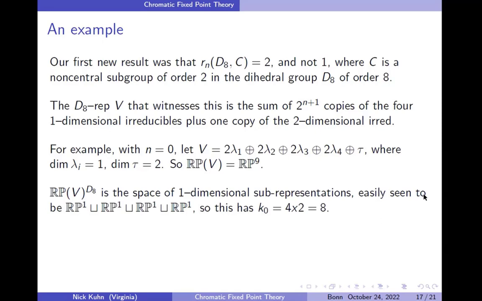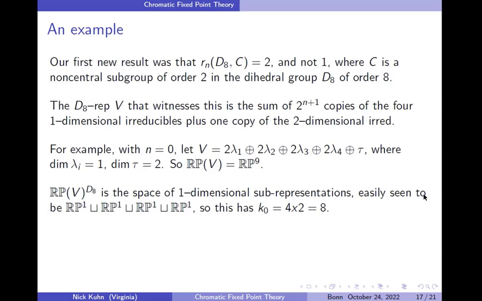What's a fixed point? Well, this line has to be fixed, which means it was a sub-representation, and so that line has to be in one of those first 4 spaces. So it's a line in R2 in 4 different ways, so that's 4 copies of RP1. And the tau doesn't really enter the picture here.